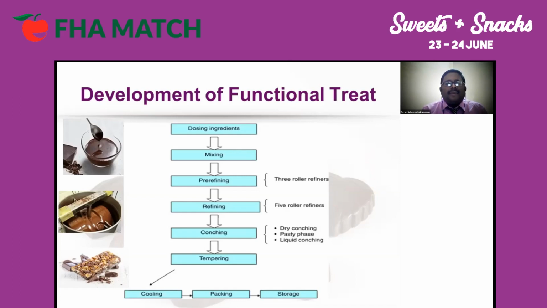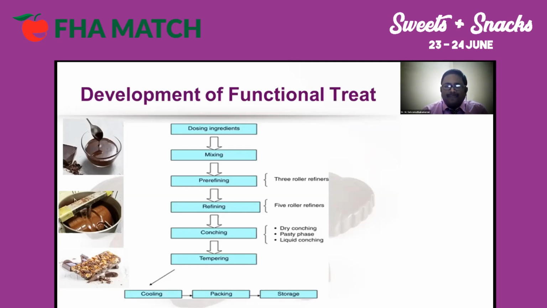We weigh and meter the ingredients, mix them very well, and pass them through different roller refiners so that we won't get any grits. We are reducing the particle size to less than 30 microns, so that the organoleptic characteristics like gumminess, chewiness and chocolate sensory properties may be increased.